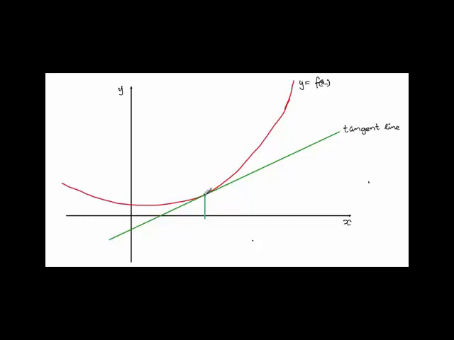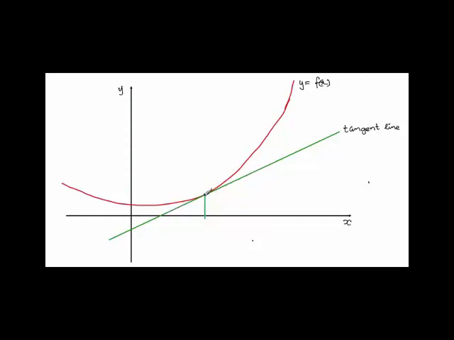Then we will say the slope of the curve at that point is actually the slope of the tangent line, because if the point here is shared by the curve and you slide along this line, then it will experience the slope of the tangent line.